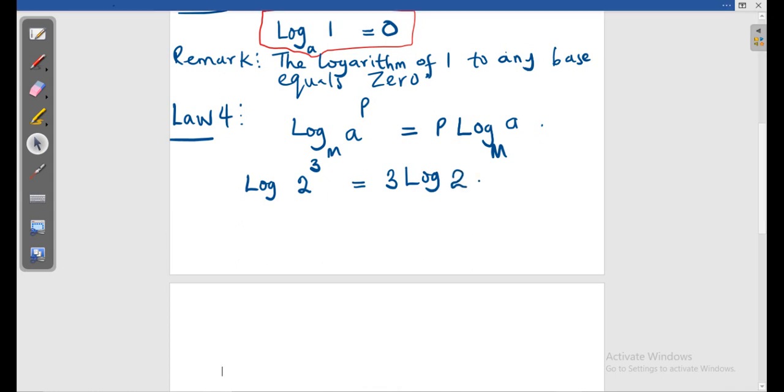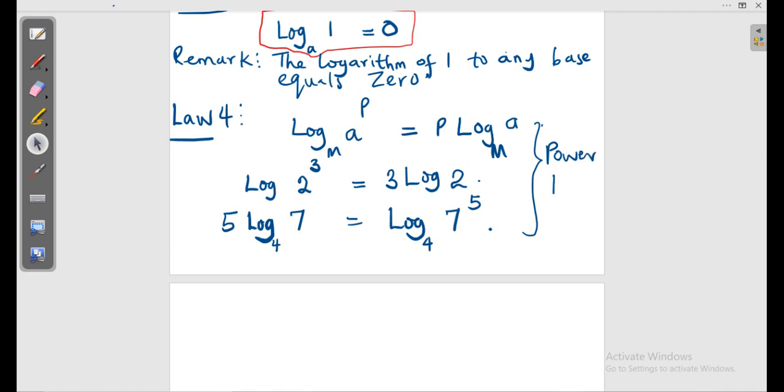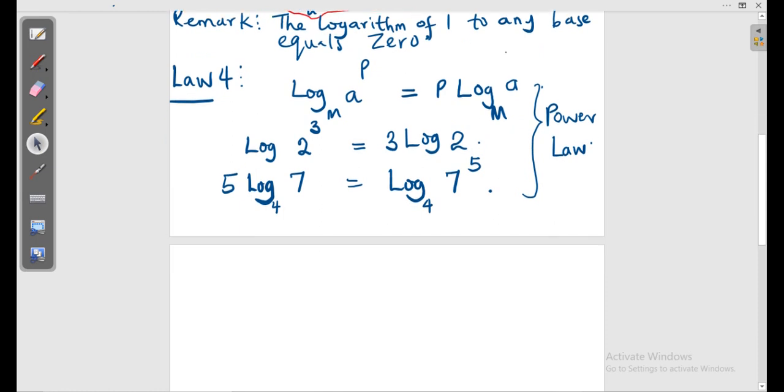This is also very important that you note. And also, if I write something like 5 log 7 base 4, it is the same thing as saying log 7 raised to power 5 base 4. So we usually call this the power law. Good. So this is as well important.